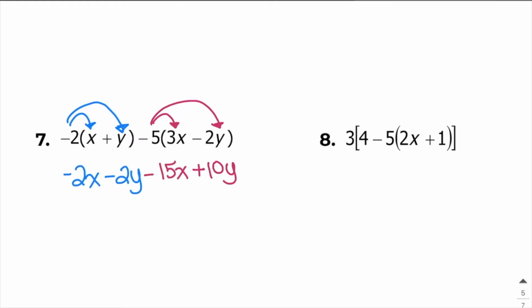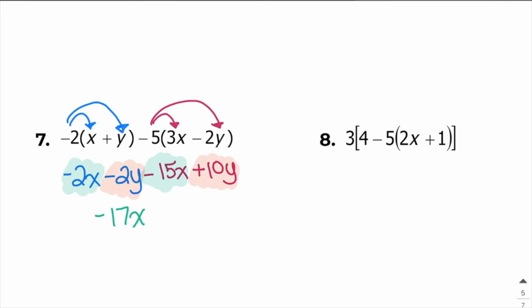Well, now that I've done that, because I have two sets of distributing here, I actually end up getting to a point where I will have to collect or combine like terms. So if you see here, this is negative 2x. Are there any other terms with x's on them? Right here, we've got negative 15x. So when I put negative 2x and negative 15x together, I get negative 17x. And I also have this negative 2y and this positive 10y.